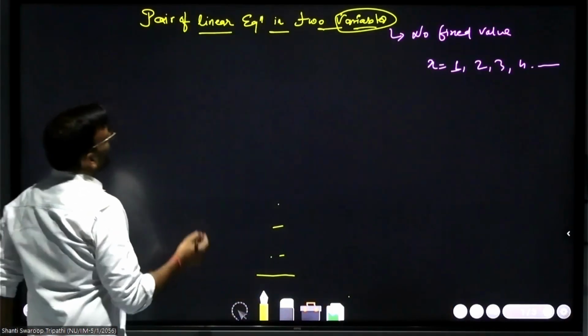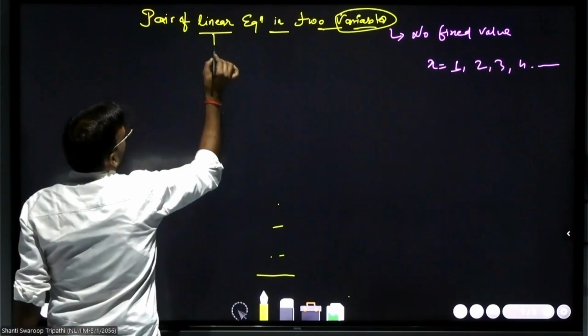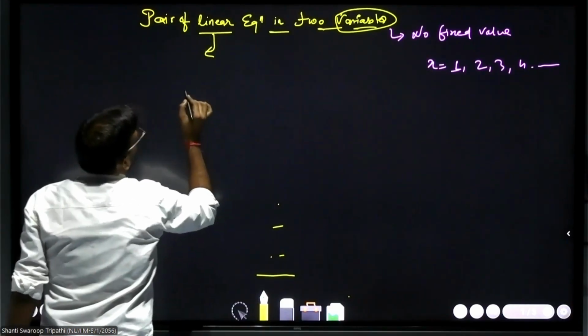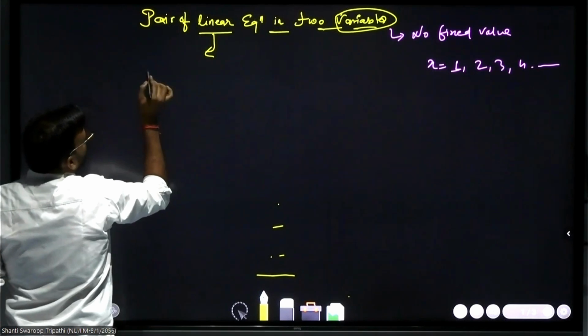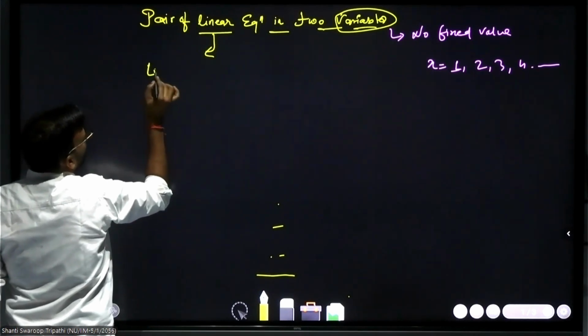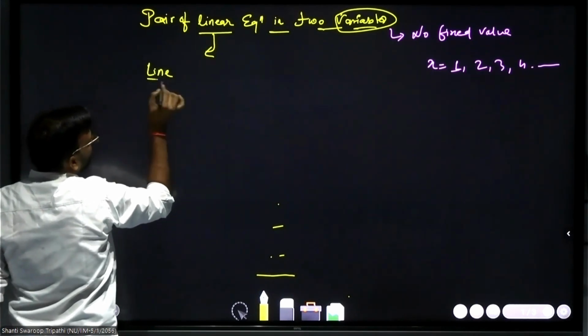Just see the actual meaning of this word. The word linear is made from the word line.